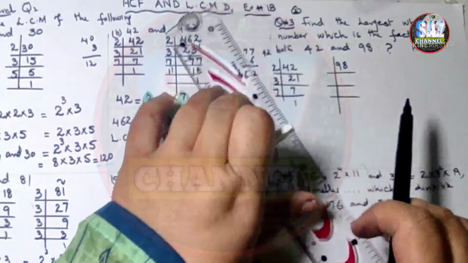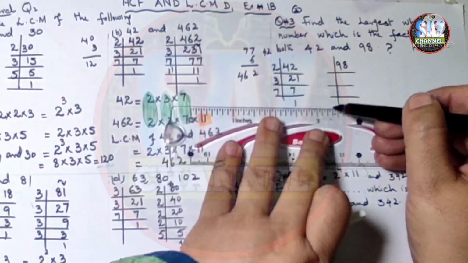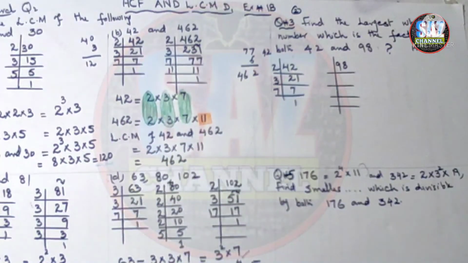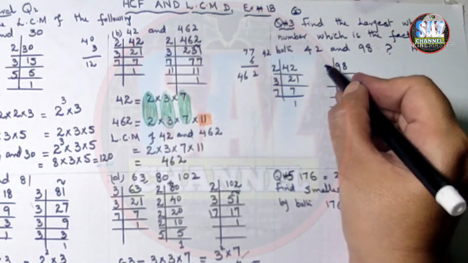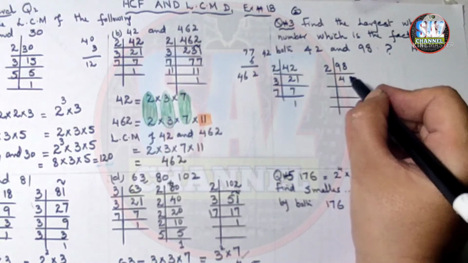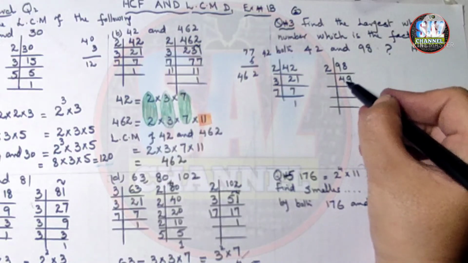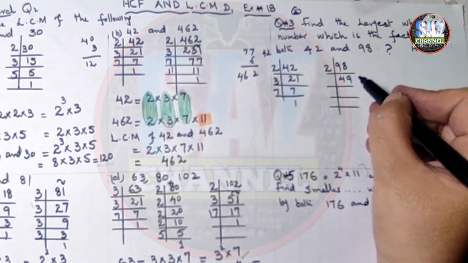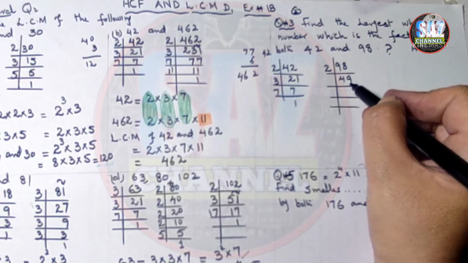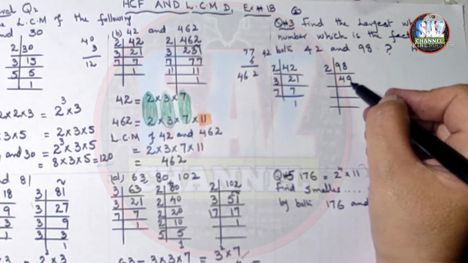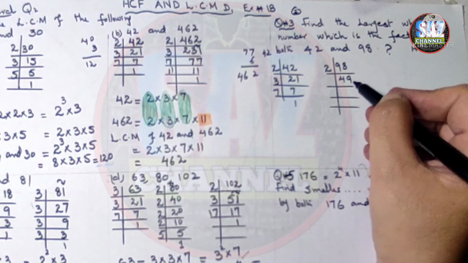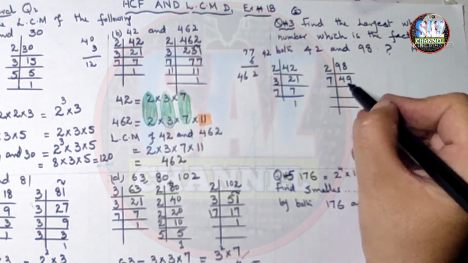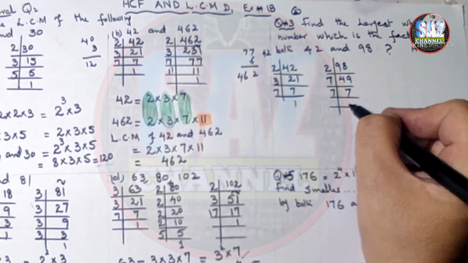Always integrate your previous class and concepts with the new concept, because lessons of mathematics are integrated with each other. 2 4s are 8, 2 9s are 18, so 2 49s are 98. Now 49 has unit digit 9, which is not a multiple of 2. Then we check whether we can divide this number by 3. 9 plus 4 is 13, and 13 is not divisible by 3. So no reason for 3, and 7 7s are 49 and 7 1s.